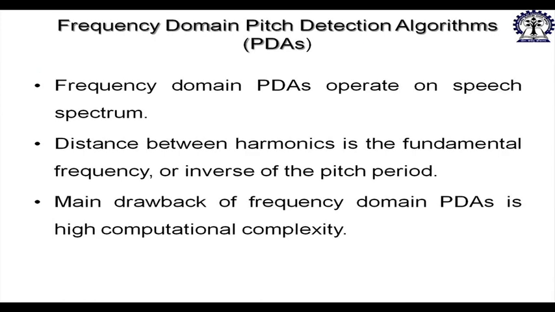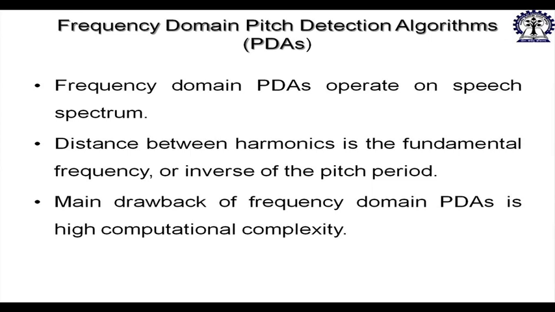Then frequency domain PDA, pitch detection algorithm, or F0 detection algorithm. Frequency domain PDA operates on the speech spectrum. So, the distance between the harmonics is the fundamental frequency, or the inverse of the speech period. So what is the key philosophy behind the frequency domain PDA?